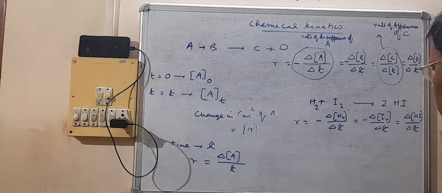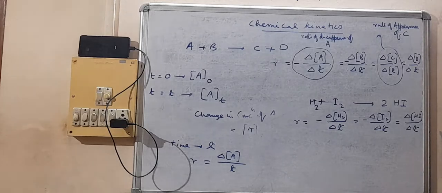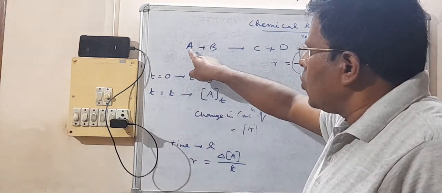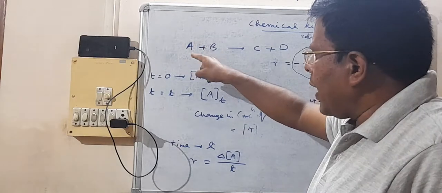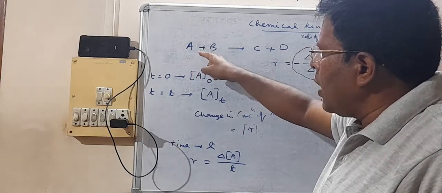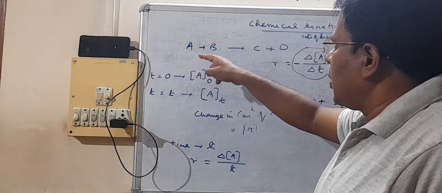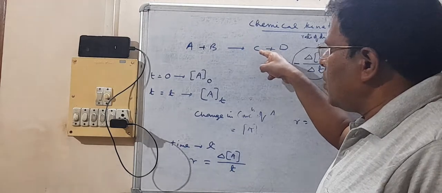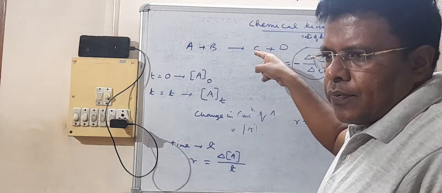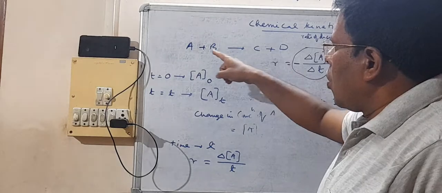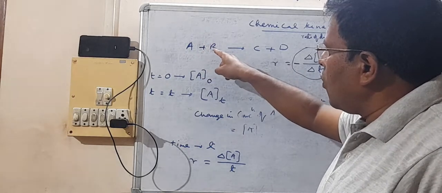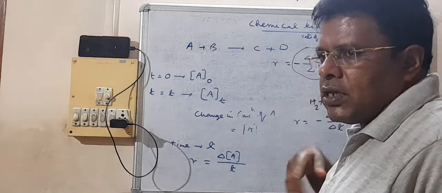Why will it not be correct? Because here you see when 1 mole of A disappears, then 1 mole of C is produced. Or we can say when 1 mole of B disappears, then 1 mole of C is produced.